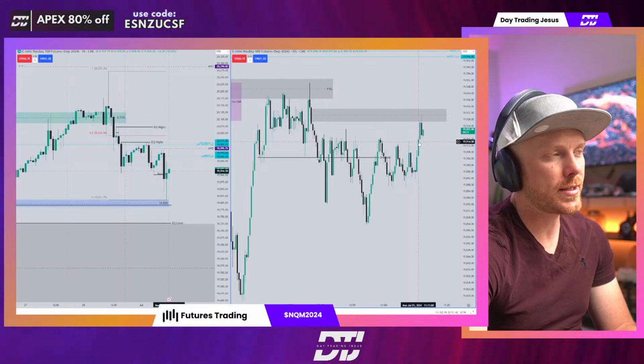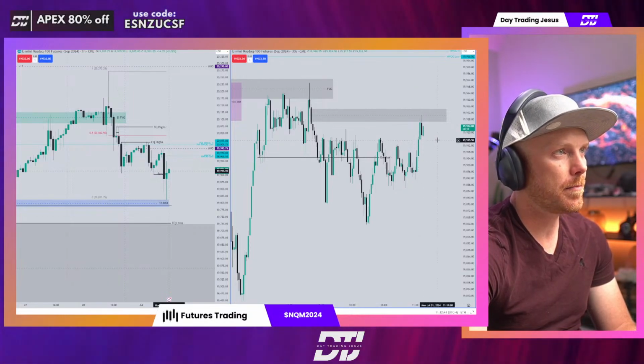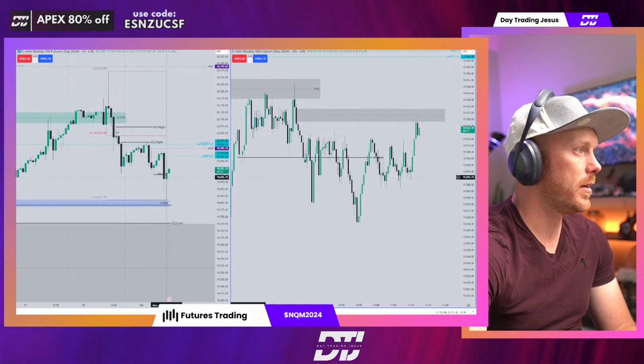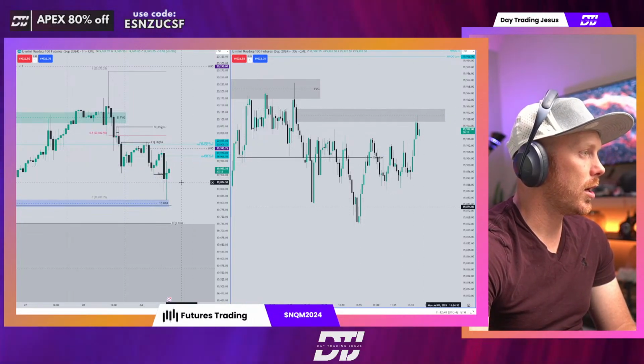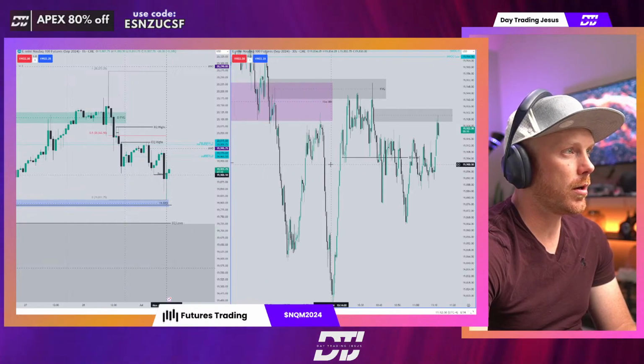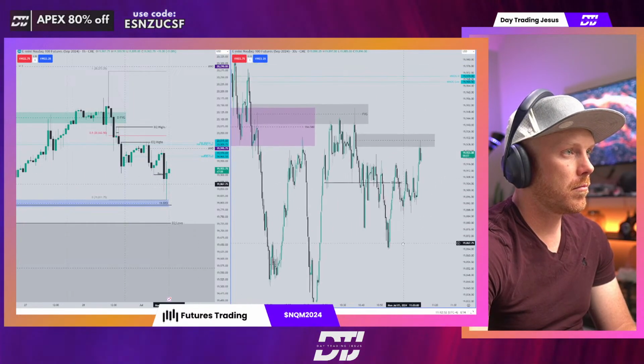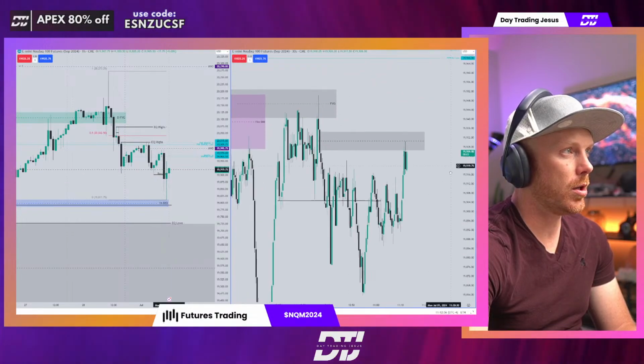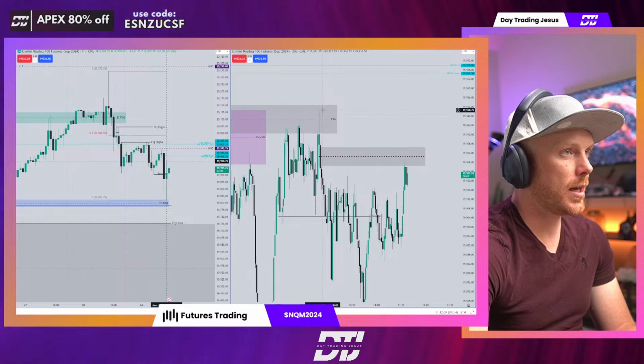We're watching price action one candle at a time. Ultimately, we're looking for a close above this to go long. I think we could go long here. I like the idea of going long, targeting this high.